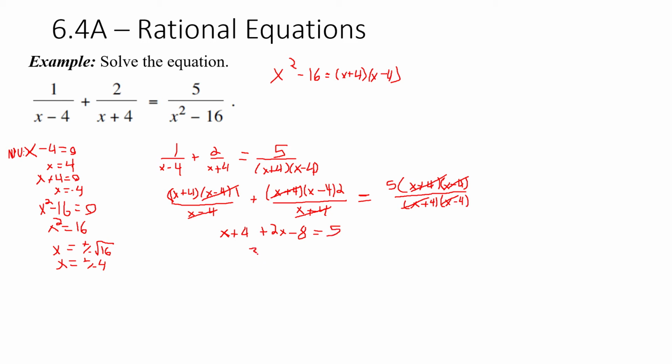Combine together like terms, so 3x minus 4 equals 5. Bring the 4 over to the other side by adding 4 to both sides. 3x equals 9. Divide both sides by 3 to find that x equals 3.